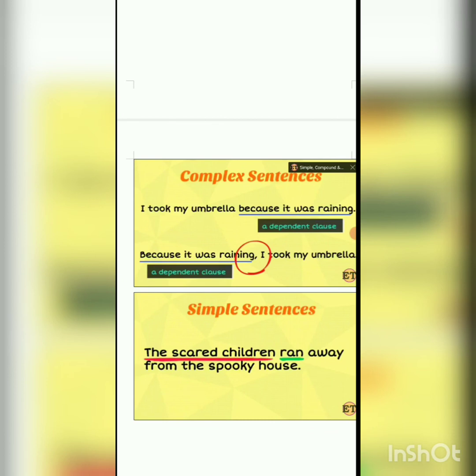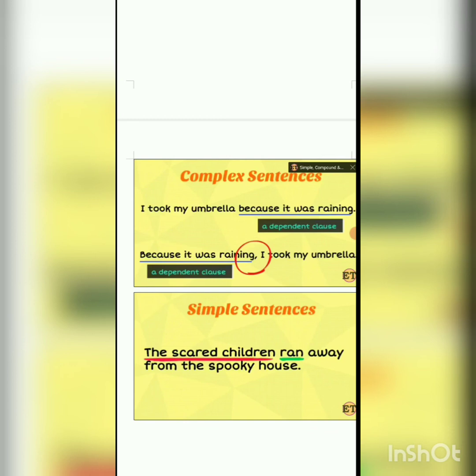See children, same sentence, here we have interchanged it. Here the dependent clause is in the beginning. Because it was raining, I took my umbrella. So see children, what is the difference in both the sentences? The meaning is the same, but if the dependent clause is in the beginning, we keep a comma to separate the dependent from the independent clause.